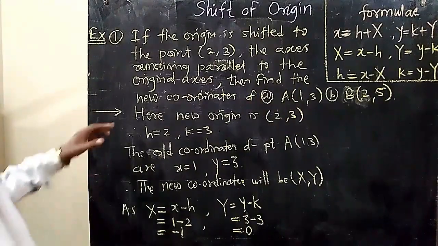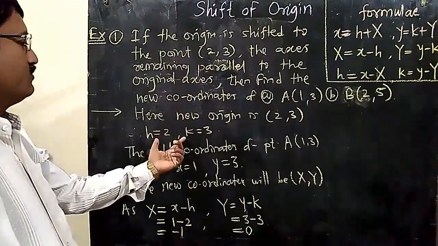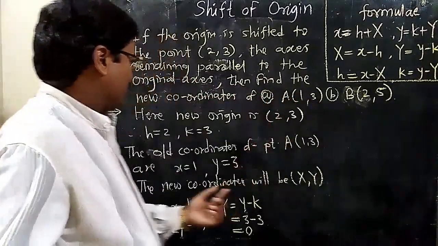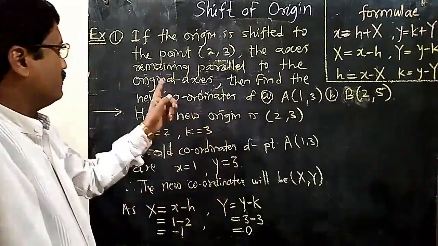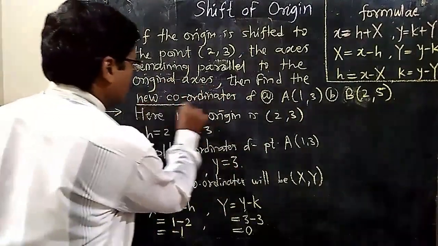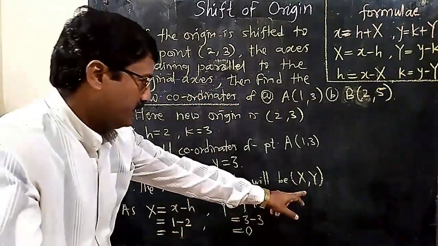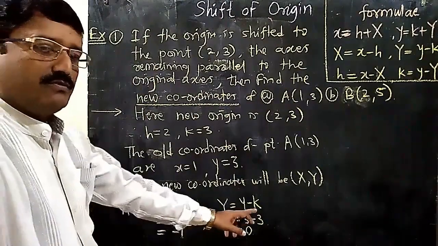Understood? It's very simple. Once again, here the old origin is given, that's why h equal to 2, k is equal to 3. Old coordinates of the point are given, that is 1, 3, so small x equal to 1, small y equal to 3. And we have to find the new coordinates. New coordinates we call capital X, Y. So capital X is equal to small x minus h, capital Y is equal to y minus k.